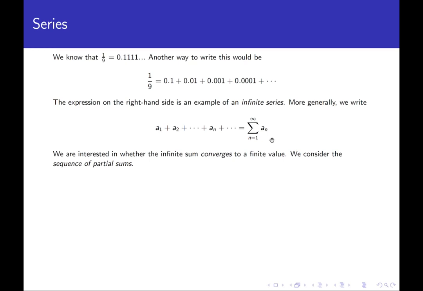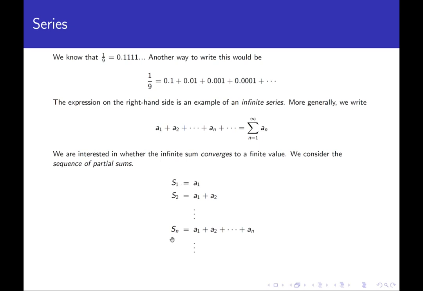To figure out whether or not this thing converges, we're going to use what's referred to as the sequence of partial sums. We'll set the first partial sum equal to just the first term. The second partial sum is the first term plus the second term. The third one would be the first plus the second plus the third. So we're making a new sequence here.